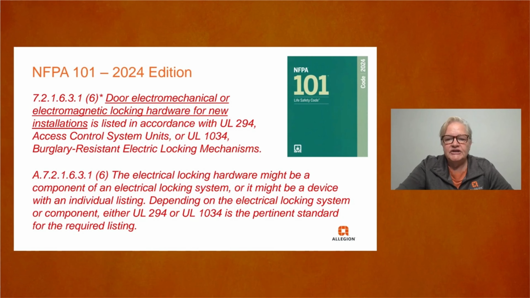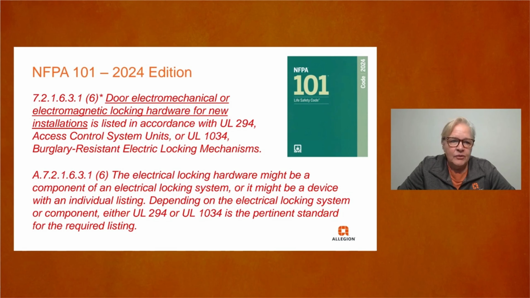The 2024 edition of NFPA 101 also permits either UL 294 or UL 1034. What it previously said was hardware for new installations is listed in accordance with UL 294 access control system units. So we had the same problem: it just says hardware, which hardware? Now this change is helping us understand more about the intent.